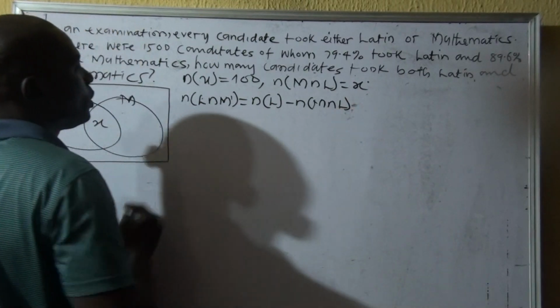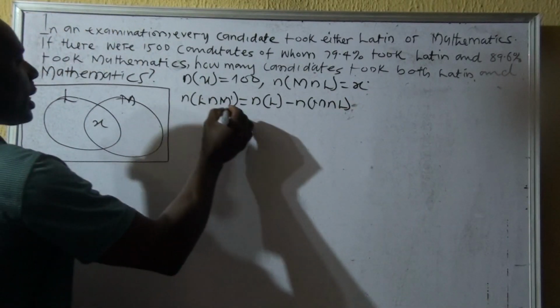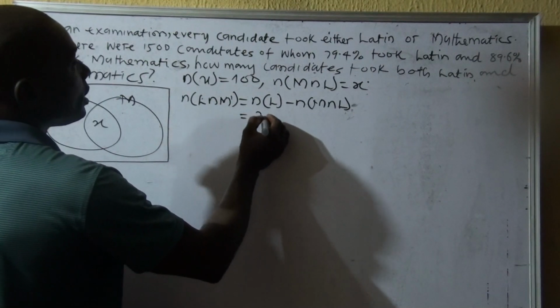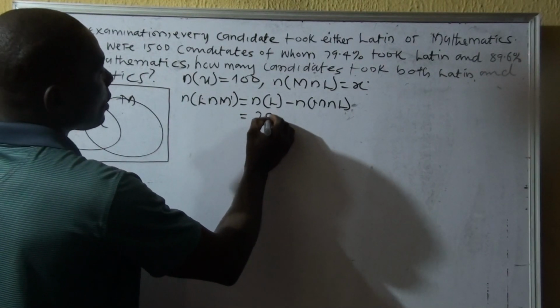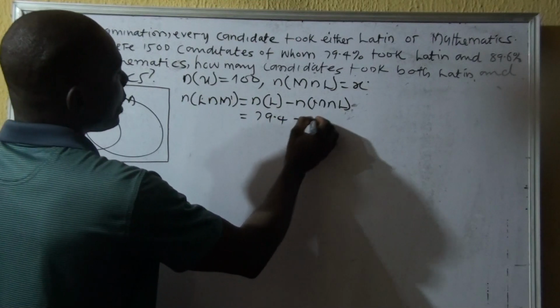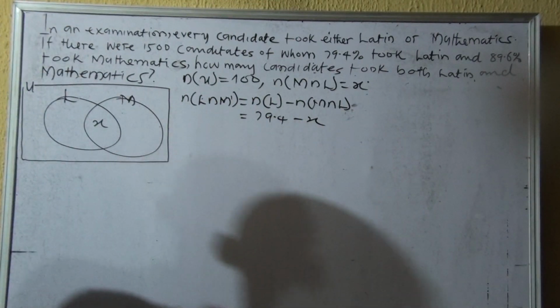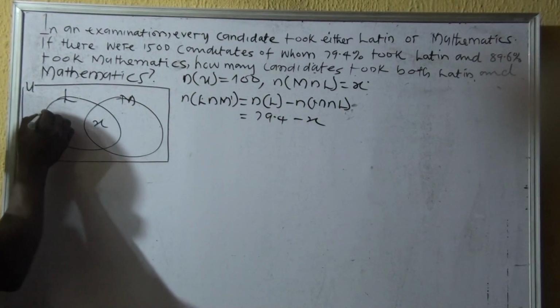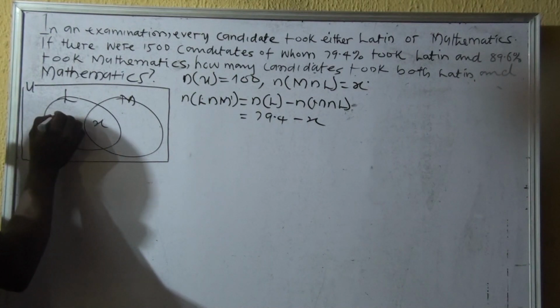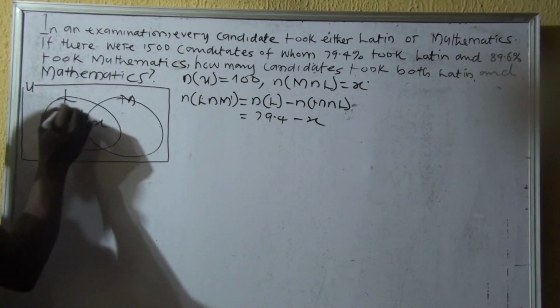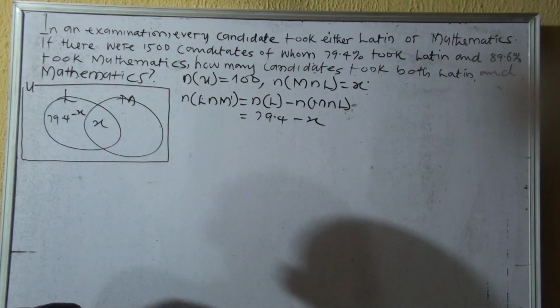So in that case, this is going to be 79.4 minus x. That is for those who did Latin only.